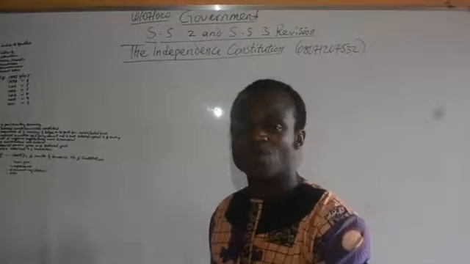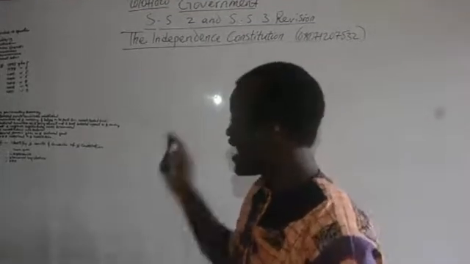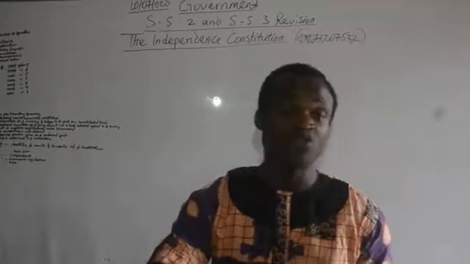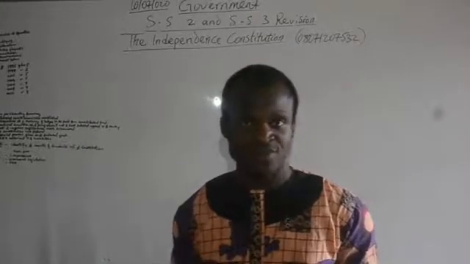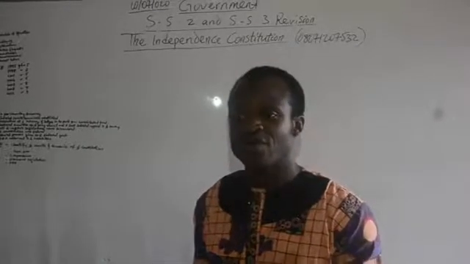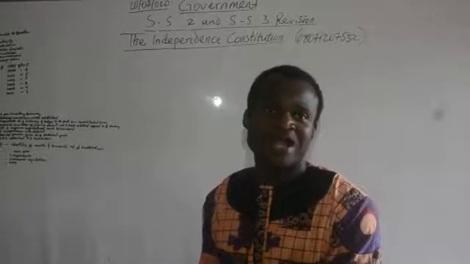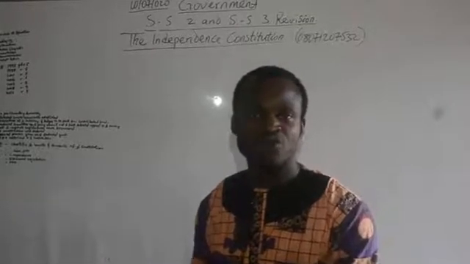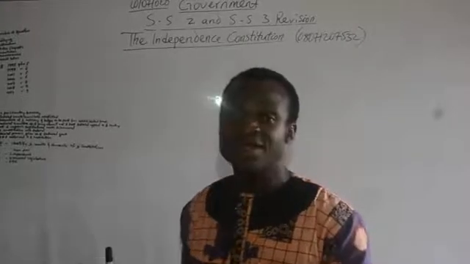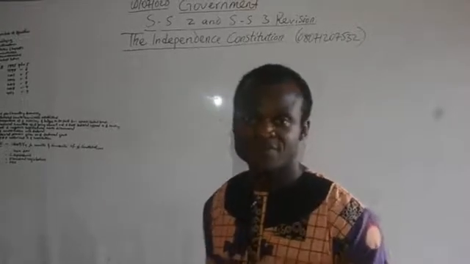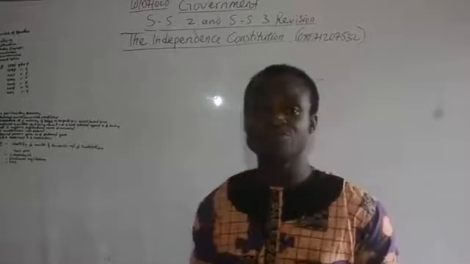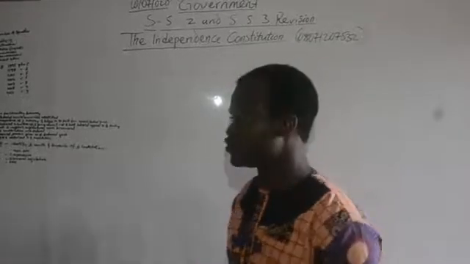The judges were to be paid from what we call the Consolidated Fund, which enhanced their salary, allowing them to perform their activities without fear or favor. That was another attribute of the 1960 Constitution.